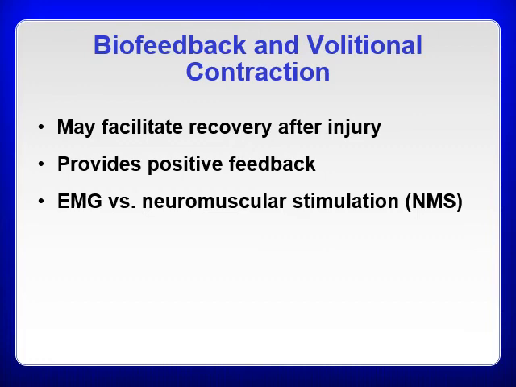And what that'll do is have the person contract their quad, or maybe do a short arc quad, really trying to focus on that contraction. If they reach a certain threshold, again, all biofeedback units are a little bit different, I'll show you some of them that we have in class, it'll make a light go off. It'll make a beeping noise or something of that sort to show the person that they're actually getting their muscle to contract.